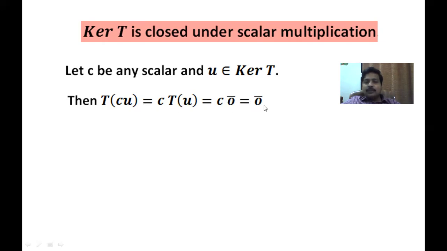In a vector space, C times the zero vector is again the zero vector. So here we got that T of Cu is equal to O bar, the zero vector. That implies Cu is also in kernel T.